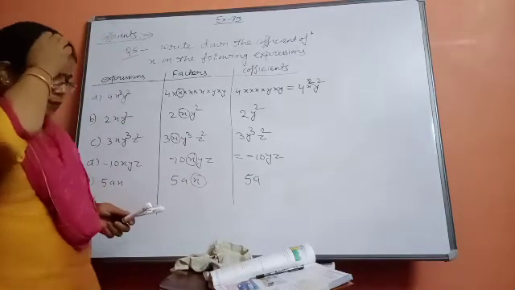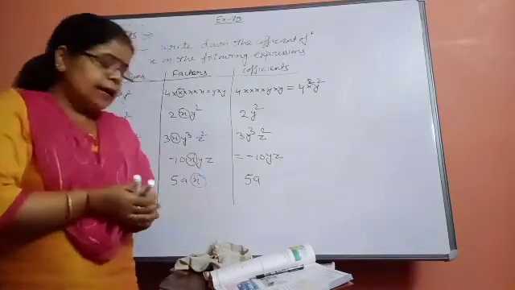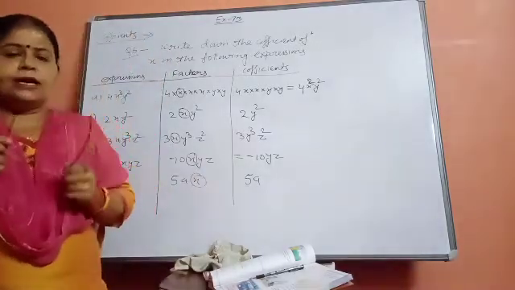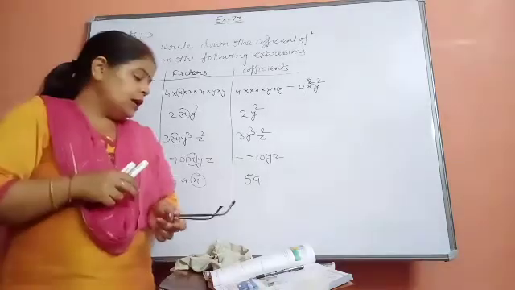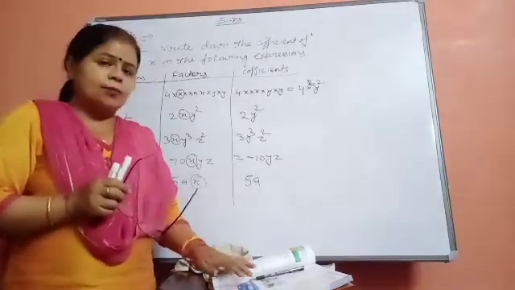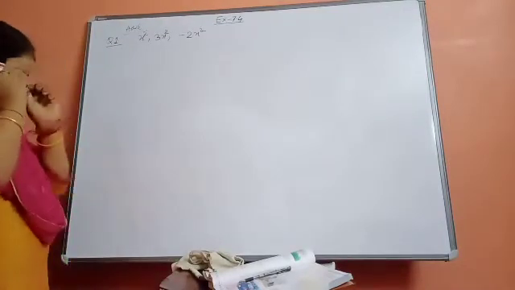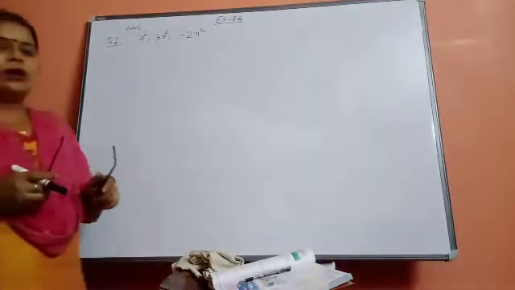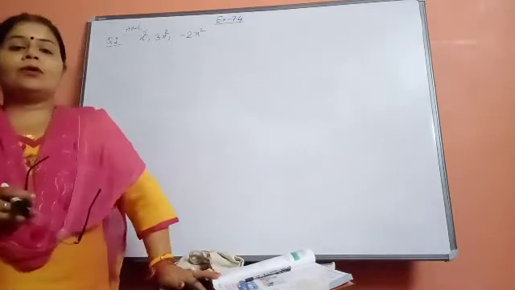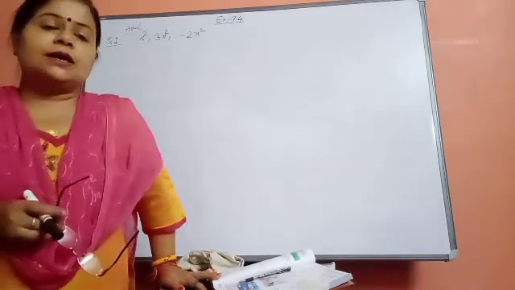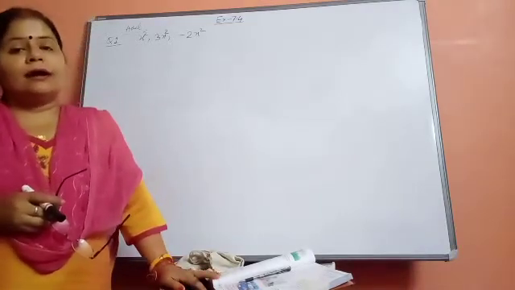Okay, now in this way your exercise 7.3 has been completed. Now we are moving forward, and that is exercise 7.4, and that is a very small exercise. Beta, now come to exercise 7.4. Okay, and before that, in the last period, I taught you about like or unlike terms.